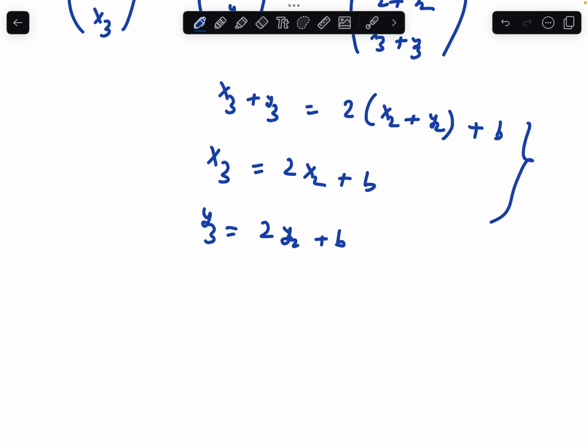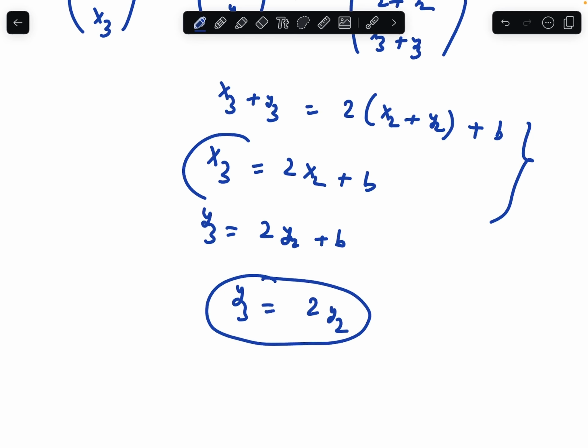We get y3 equal to 2y2. Okay. Using this here, we are getting y3 equal to 2y2.